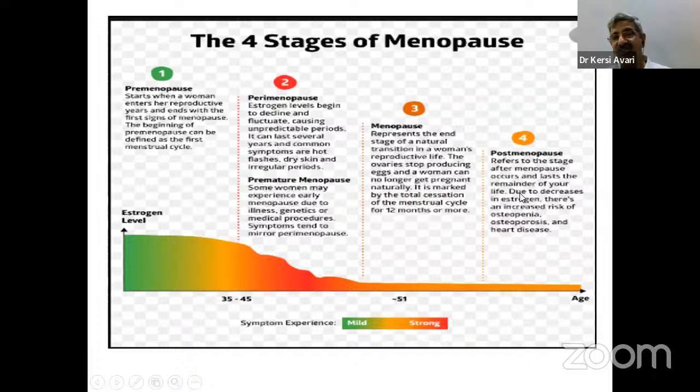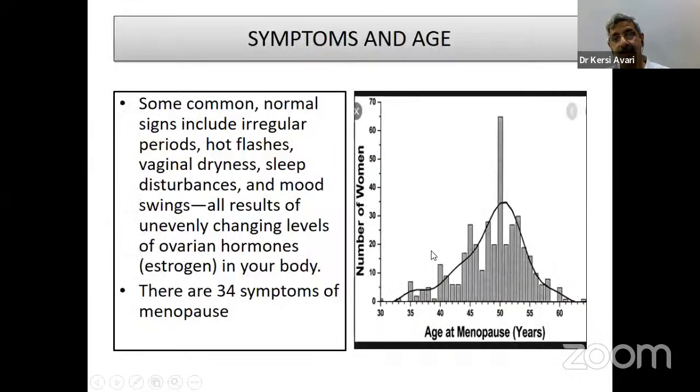Last but not least, in the last phase, osteopenia, osteoporosis, and heart disease. So this is where HRT, hormone replacement therapy, is something many ladies take. Correct? Now, this is all related to the peak estrogen levels in premenopause. But slowly, you pass the zone, and ultimately, as the age progresses, your level declines. Now, these are age-related symptoms.